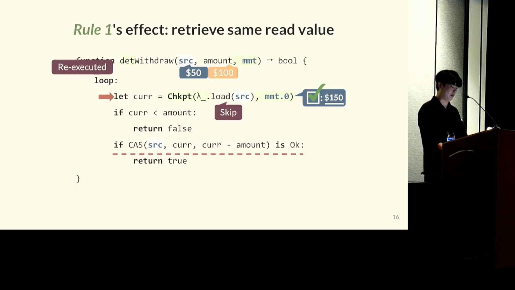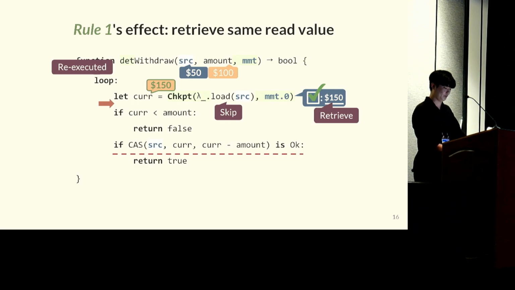The checkpoint Memento doesn't load source again and skips it. Knowing the return value is $150, it retrieves and returns the value. As the current variable is correctly restored, the control flow follows the previous path. Thanks to the checkpoint, the load value is preserved and the subsequent control flow is correctly replayed.